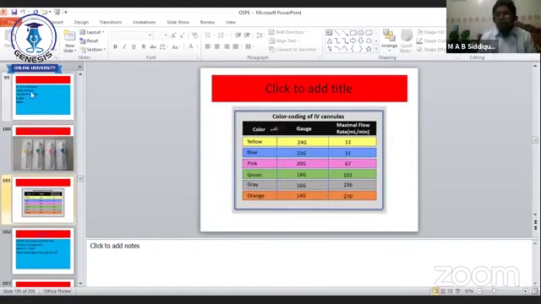So if we look at this slide, the yellow code is used for a cannula whose diameter is 24 gauge. This is the French gauge, and the maximum flow rate is 13 ml per minute.